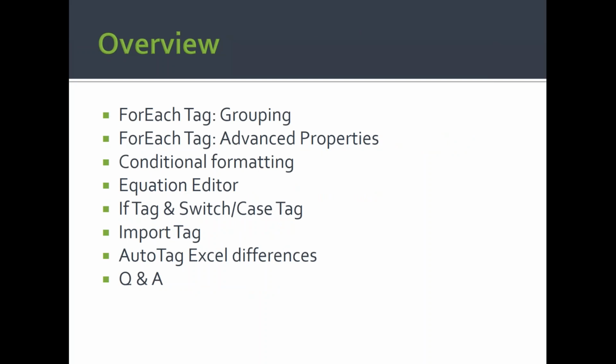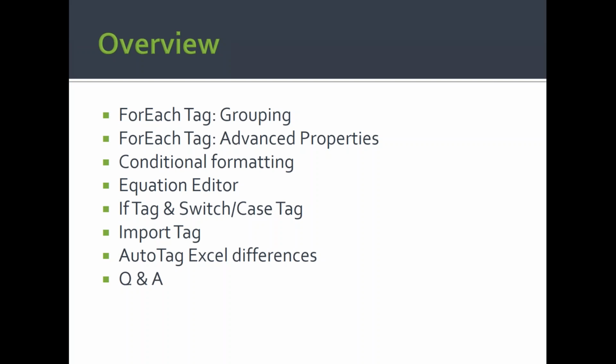Okay, I want to give you a high-level overview of what we'll be discussing today. I'll go over some advanced features with the for each tag. We'll discuss conditional formatting. I'll cover 2 types of conditional formatting today, one showing and hiding content using AutoTag tags, and a second type that formats output based on conditions. We'll go over the equation editor, using a sum function template as an example.